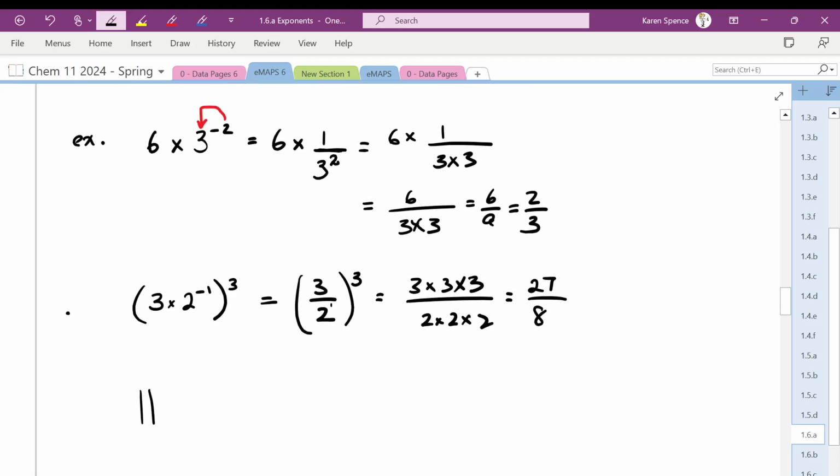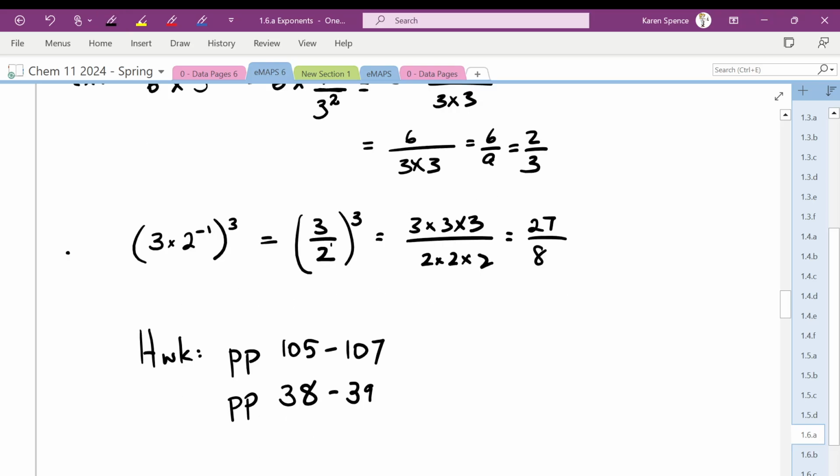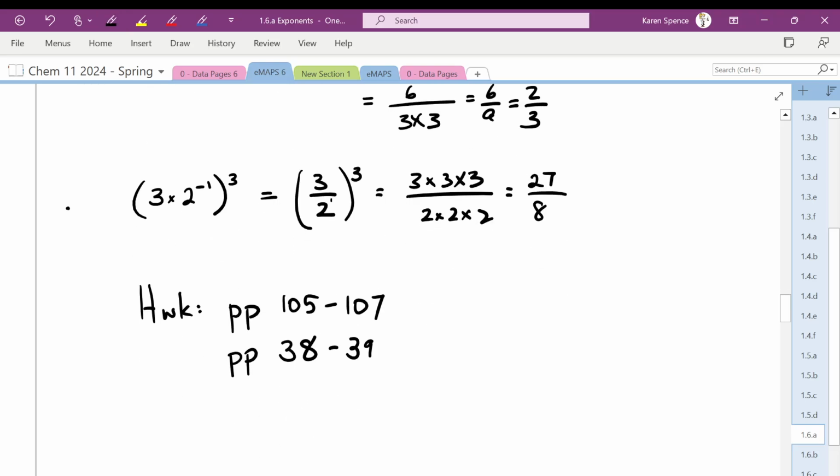Okay, so your homework is pages 105 to 107, and the accuracy and precision one as well, 38 and 39. And you're going to study for your quiz.